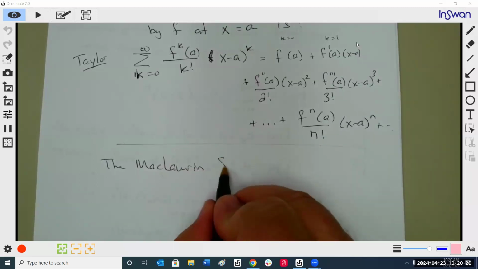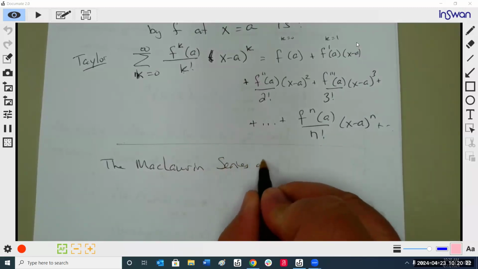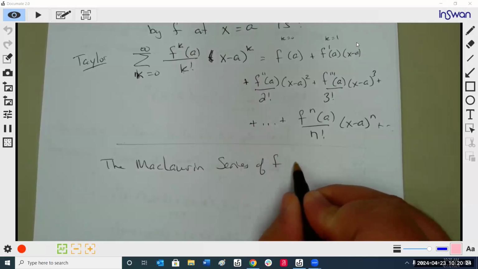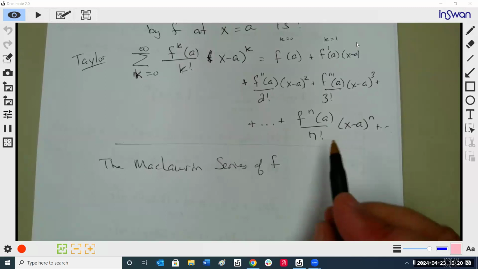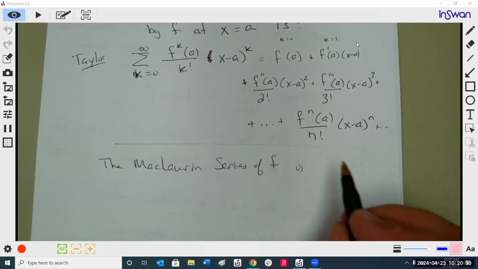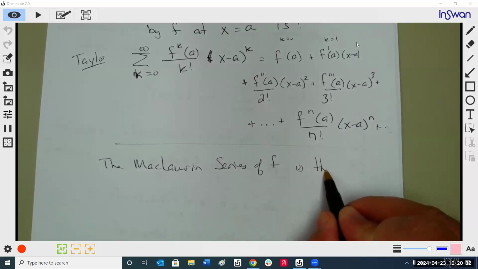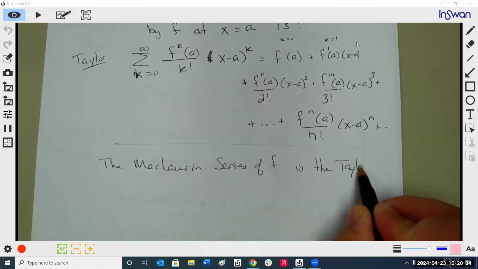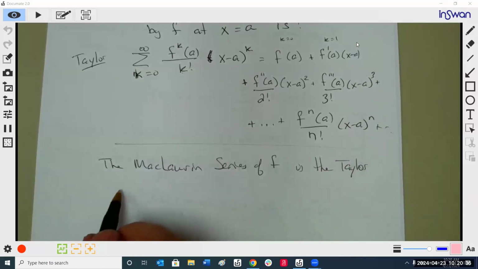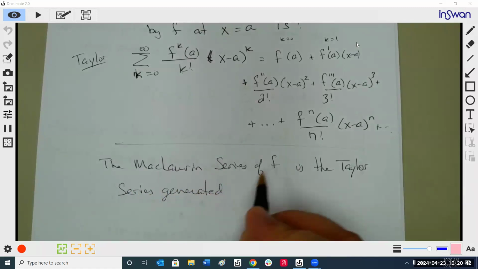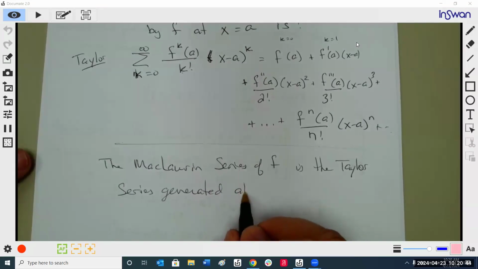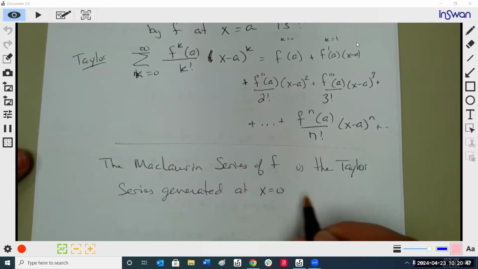The Maclaurin series of f is similar to that, a Taylor series generated at x equals 0.